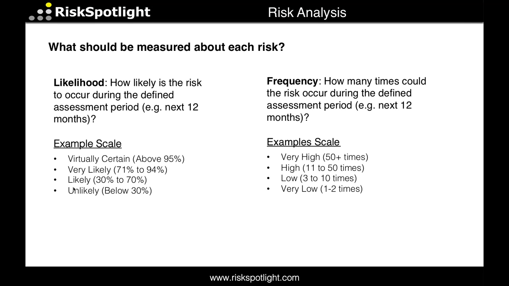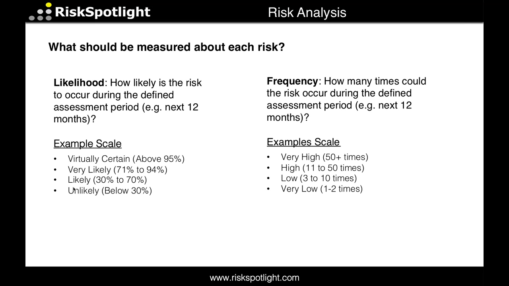But if you were assessing the risk for a particular project, then maybe the project manager may define those scales. If it's a small project, then his scales may be very different compared to a larger project. So it really depends who is driving or facilitating the risk management process. But at least for operational risk for the whole organization, generally it's the central operational risk team who has the responsibility to define those scales.